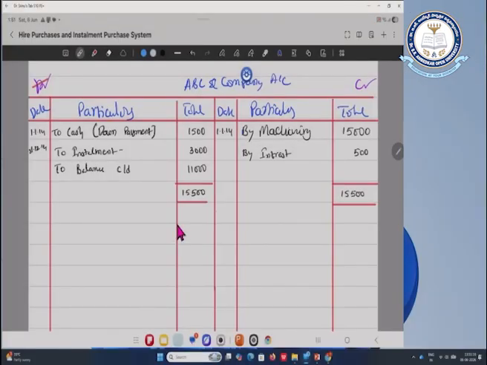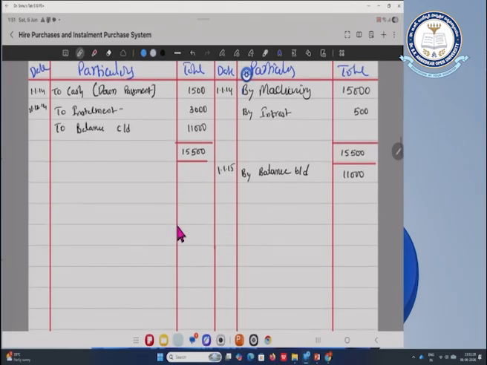Next, balance brought down next year. First, by balance brought down, how much? 11,000 rupees. Same, second year installment how much?